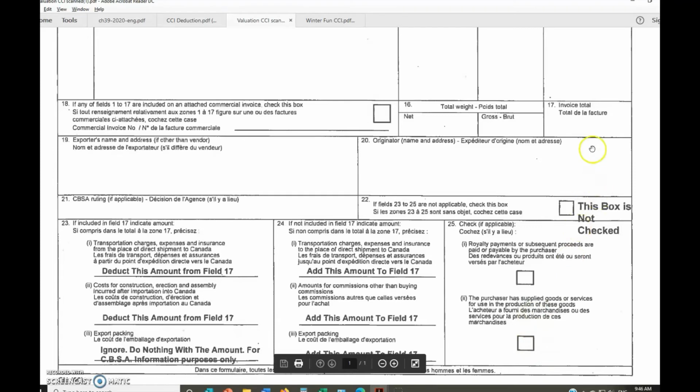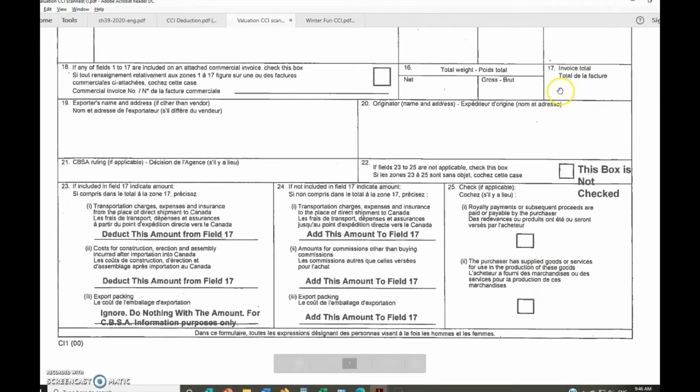But we don't have to worry about changing field 17. The only time we change field 17 is when an amount is in these two fields, where we're going to deduct those amounts from field 17 and pay less duty, or there's an amount in these three fields where we have to add it to this amount and pay duty on it.